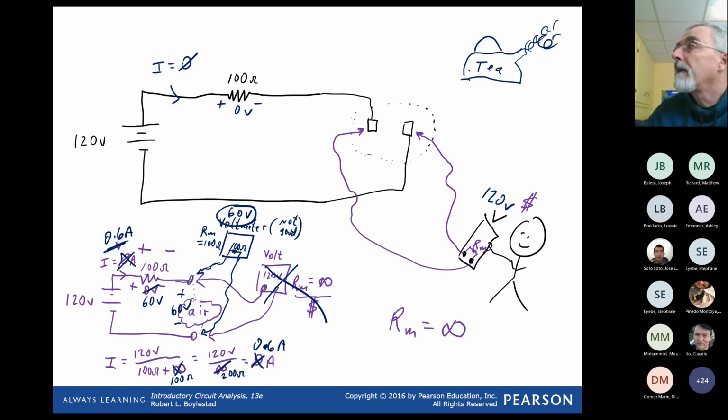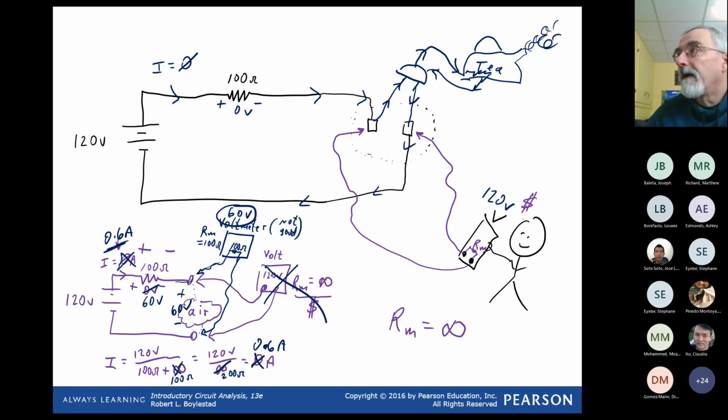I want some tea, so I'm going to plug in my kettle. Now current will flow into the kettle, heating up the element. Current flows back.